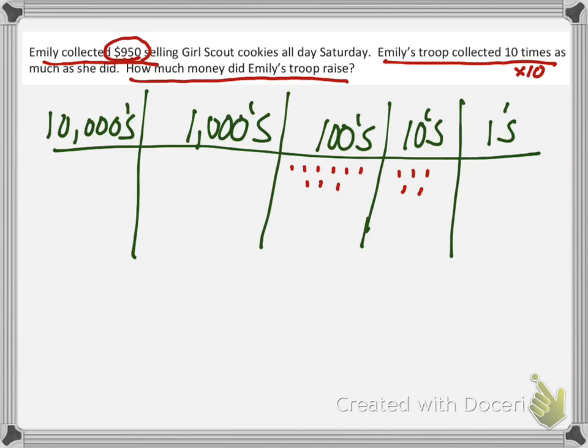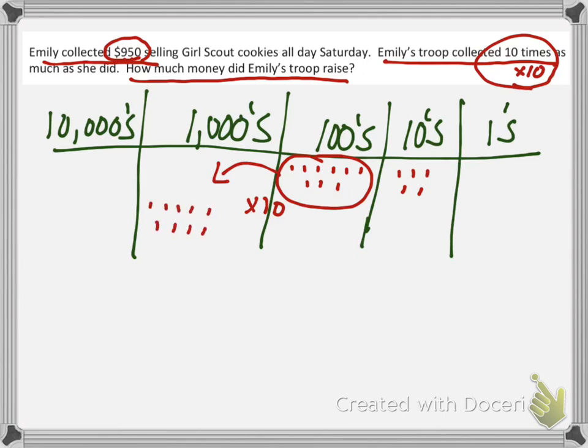Okay, but her troop collected 10 times as much. So there is going to be multiplication involved here. We're going to take this 9 and move it over to the thousands because we're multiplying it by 10. And we're going to go in the tens with this group of 5. Since we're multiplying that by 10, we need to move to the hundreds.